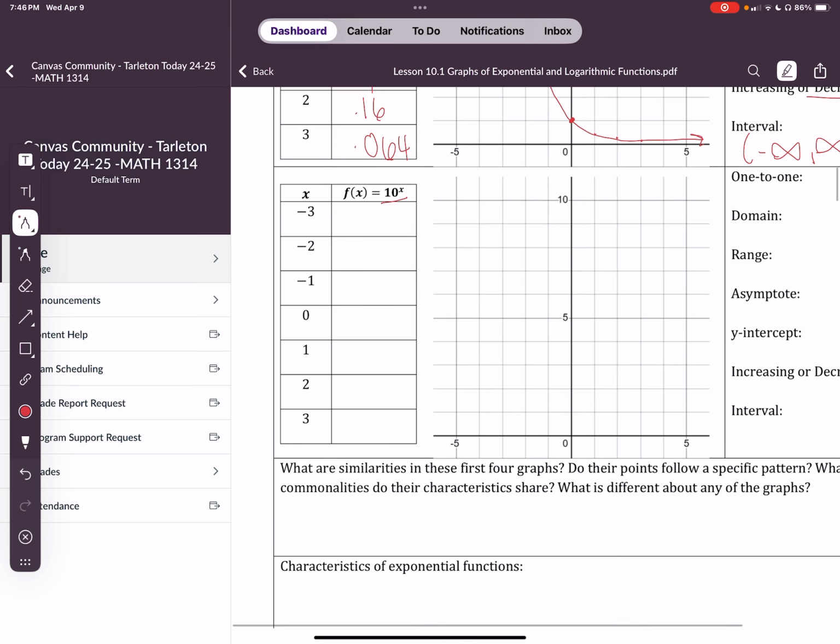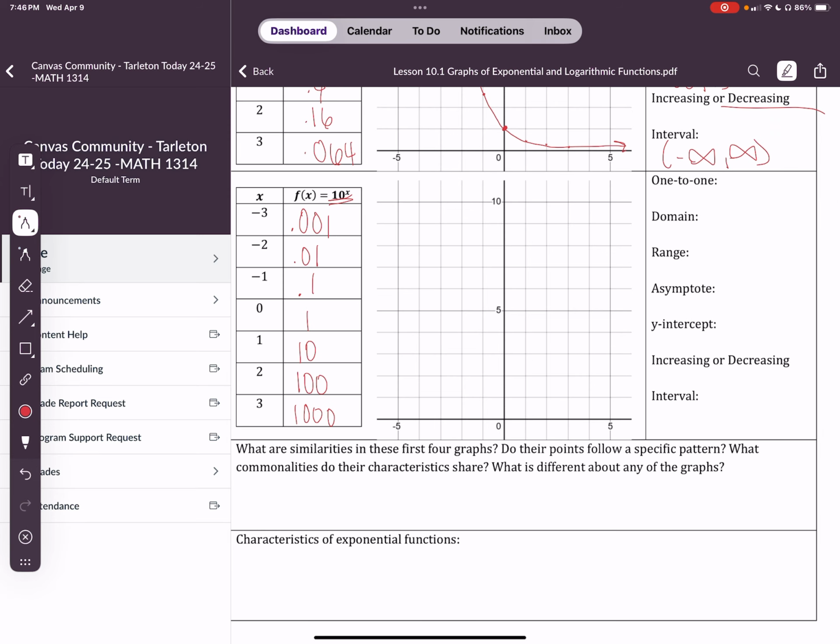So we put the 10 to the x power into our y equals, and we get this table of values. Oh, whoops. I left off zeros. Okay. And this one obviously is going to be really hard to graph because it's a very small fraction, or decimal, excuse me.